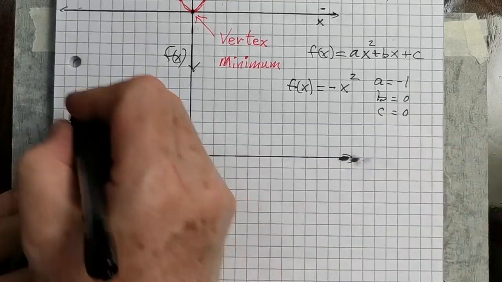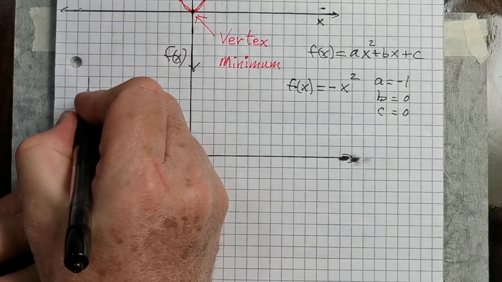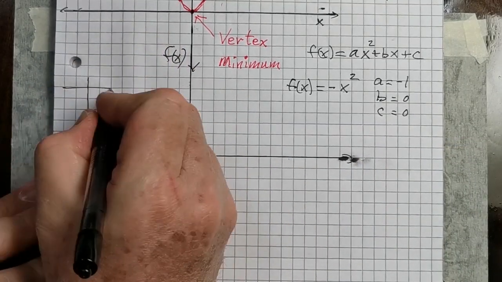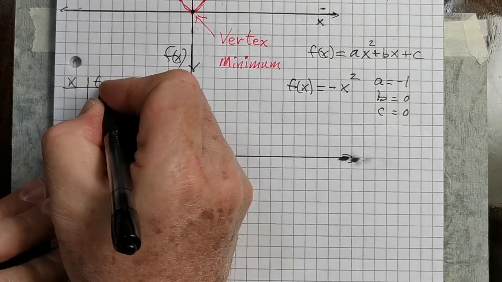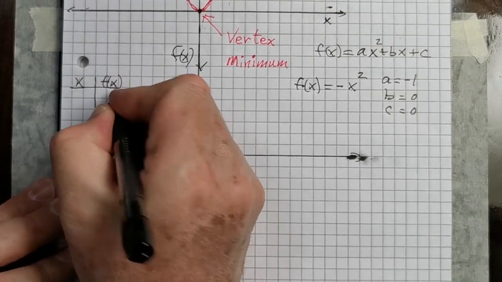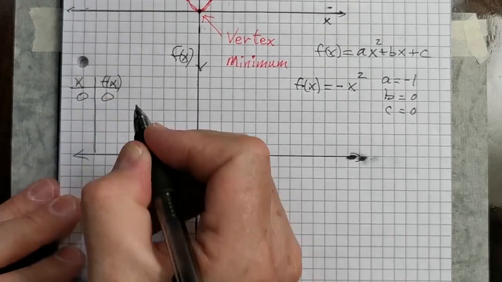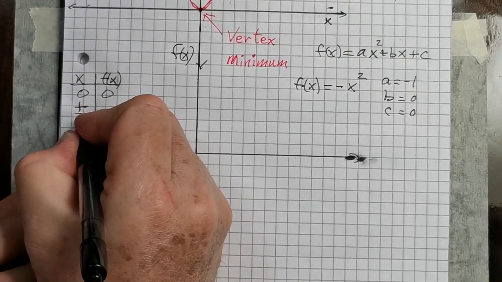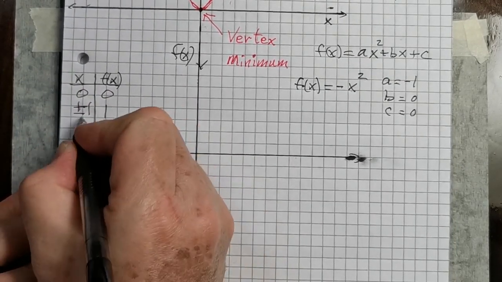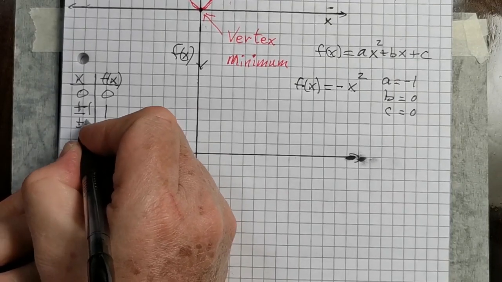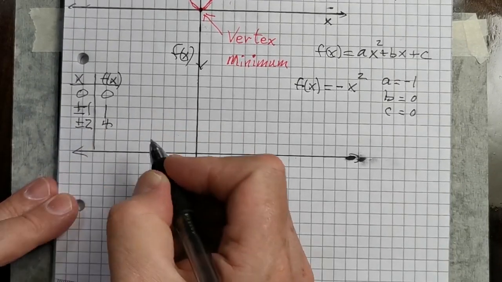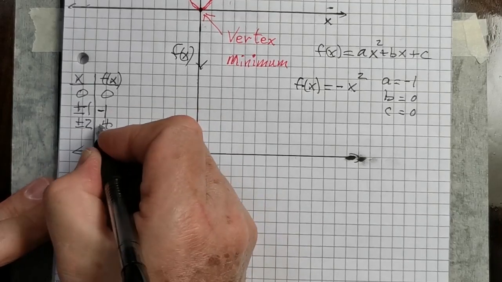Okay, again, we make ourselves a little table of x and f of x. So we put in 0, we get out 0. If I put in plus or minus 1, we get out -1.